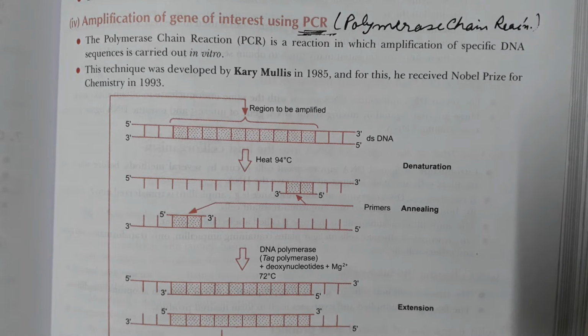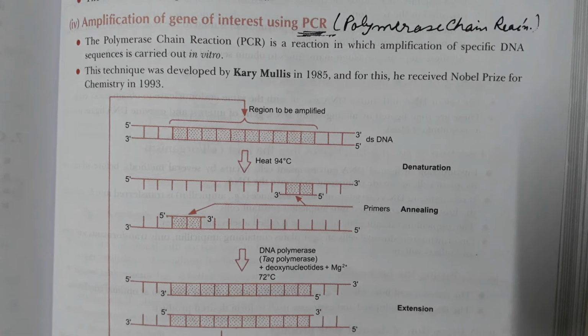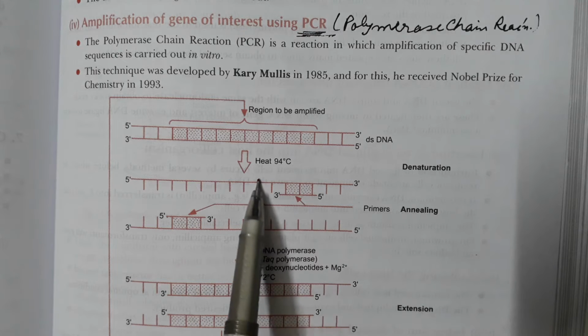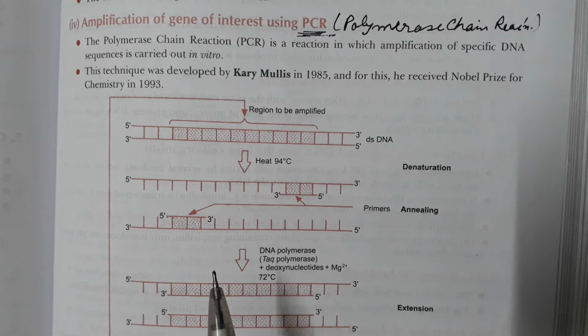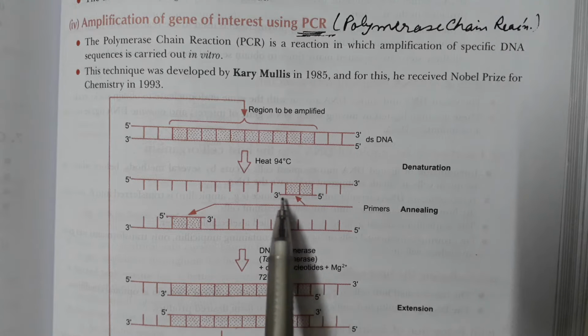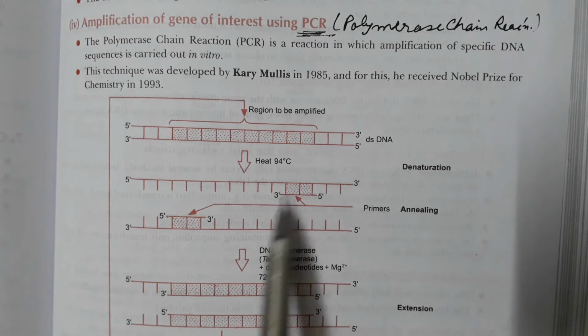Primers are small chemically synthesized oligonucleotides of about 10 to 18 nucleotides that are complementary to a region of template DNA.